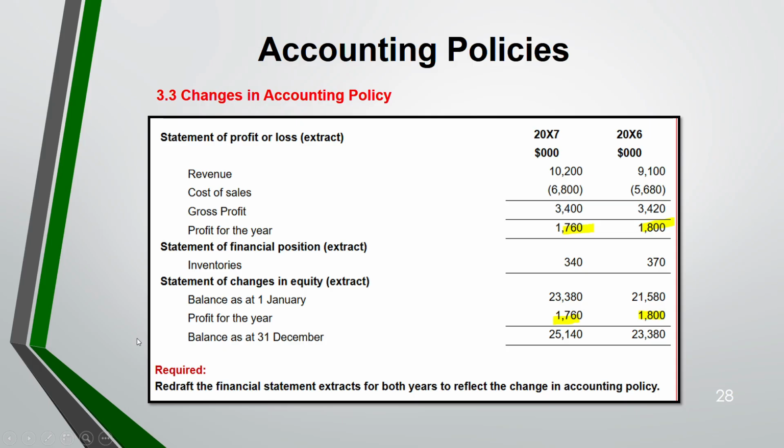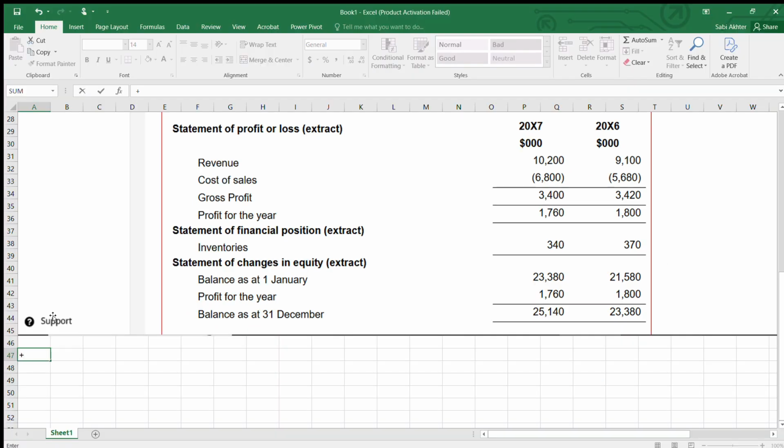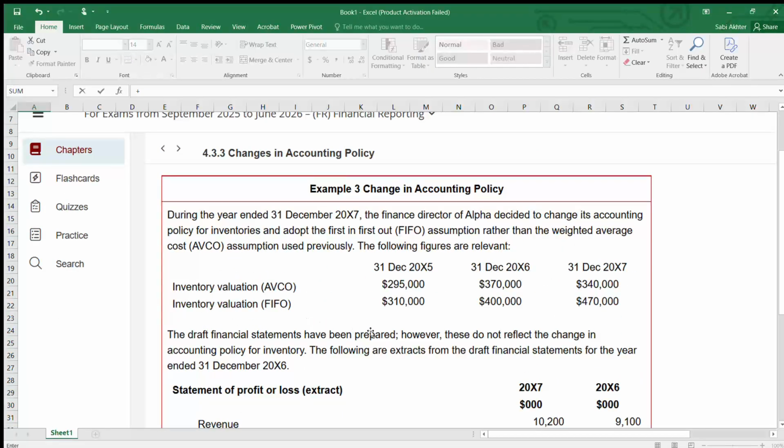So let us do that. Before we redraft the extracts, we have to adjust our cost of sales, and that we can only do by adjusting the inventories based on the two valuations, weighted average and FIFO.